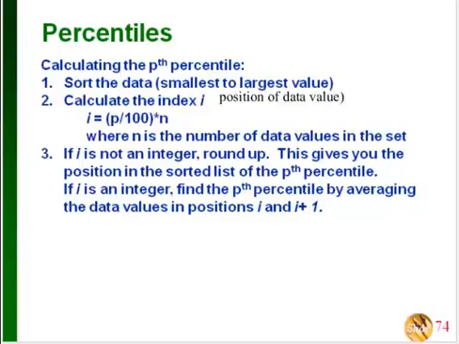So to do that, we take whatever percentile we're looking for, divide it by 100, and multiply it times n, which is the total number of data values in the set. If this doesn't come out to be an integer or whole number, we round up. And this gives you the position of the value in the sorted list. If the value is an integer, then we have to basically average the value in that position and the value in the next position up.